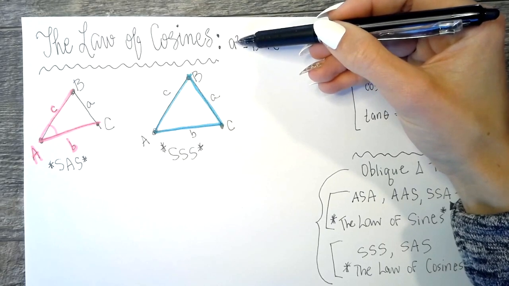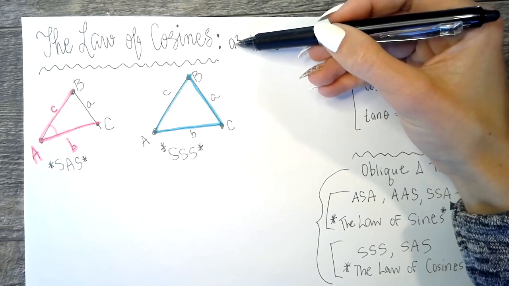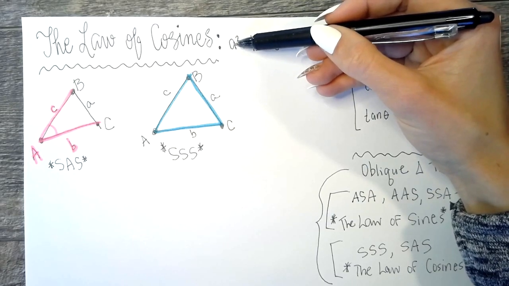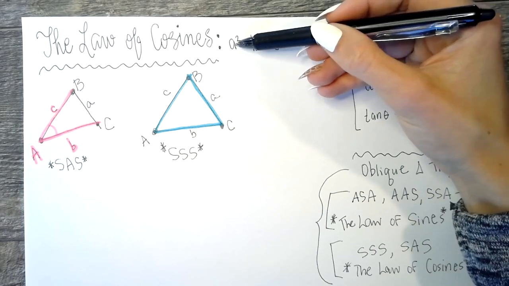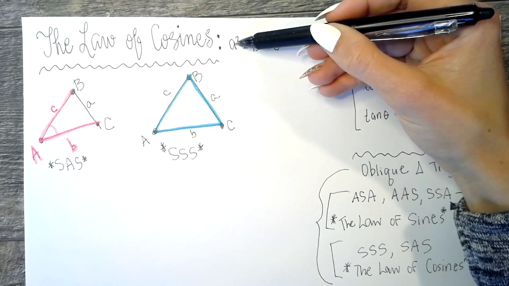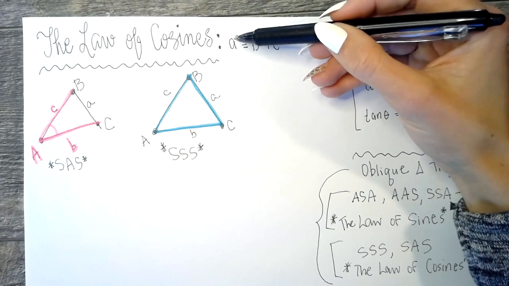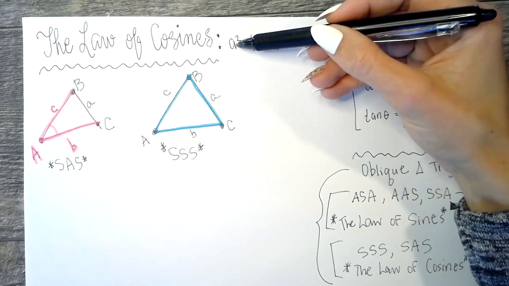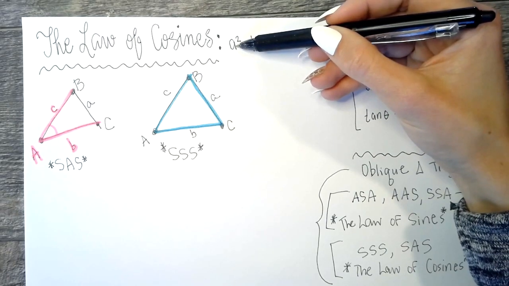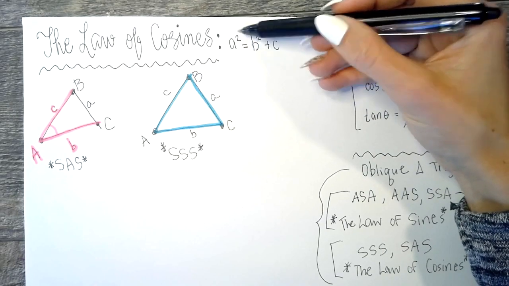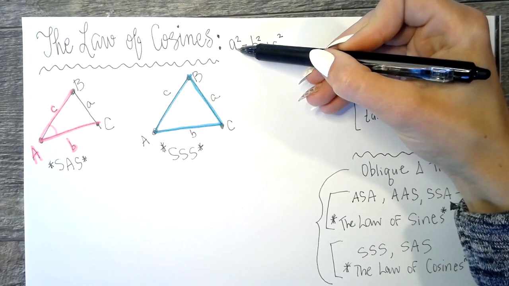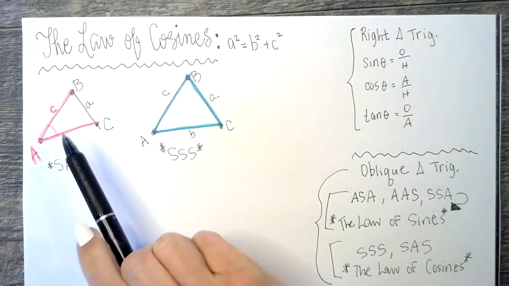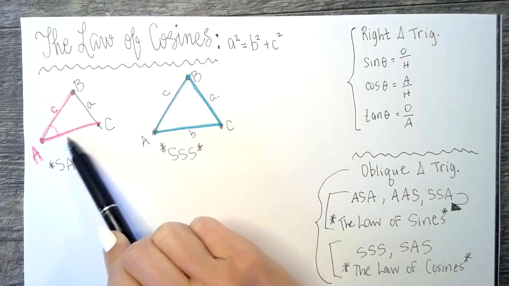And again, remember, whatever letter I start with, in this case a, is going to be the letter of the side you are solving for, and it should be the lowercase version of the capital letter angle that you have. So in the pink drawing on the paper, I had angle A, so that's why I'm starting the equation with lowercase a, side a, okay?